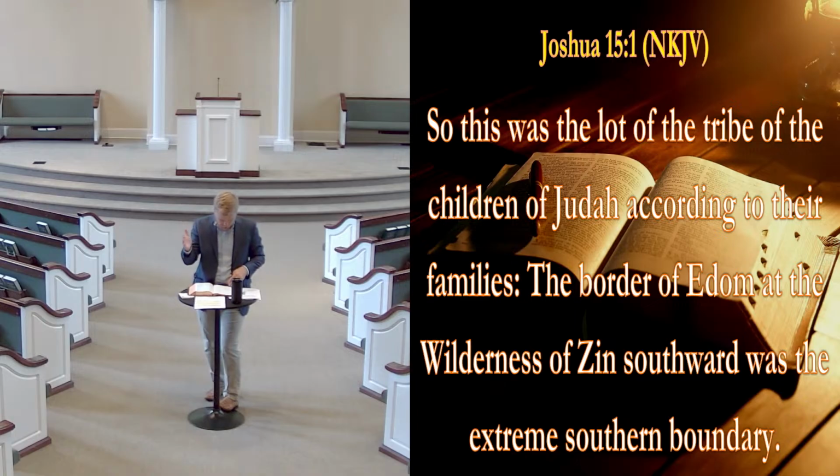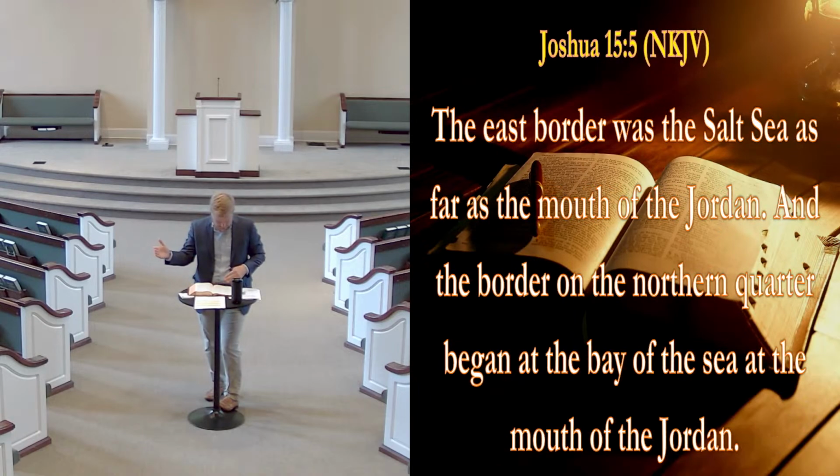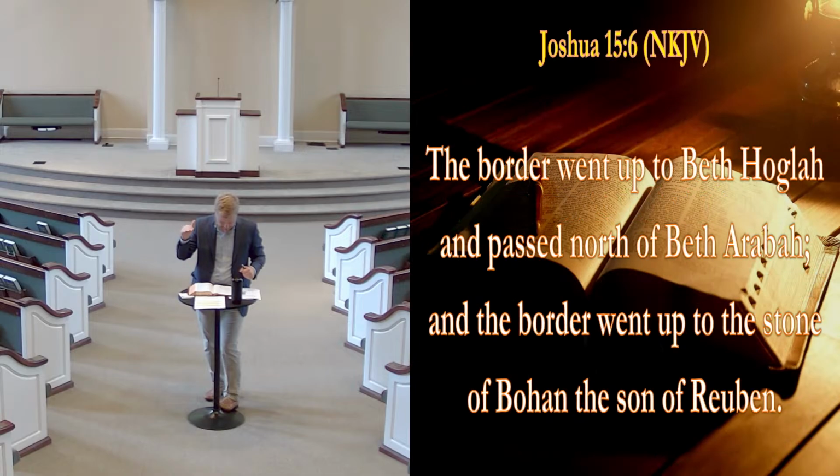So we know it went all the way to the Dead Sea as far as the mouth of the Jordan. And so it went up to where the Jordan met the Dead Sea. And the border on the northern quarter began at the bay of the sea of the mouth of the Jordan. And the border went up.